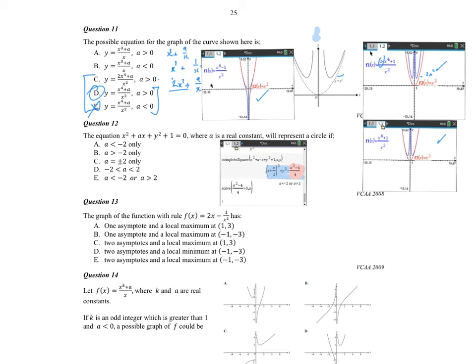So for this to be a circle, (a squared minus 4) on 4 has to be greater than 0. So look, we probably could have worked that out outside of that, but (a squared minus 4) on 4 has to be greater than 0, which means a has to be less than negative 2 or a has to be greater than 2. So there we are with E.